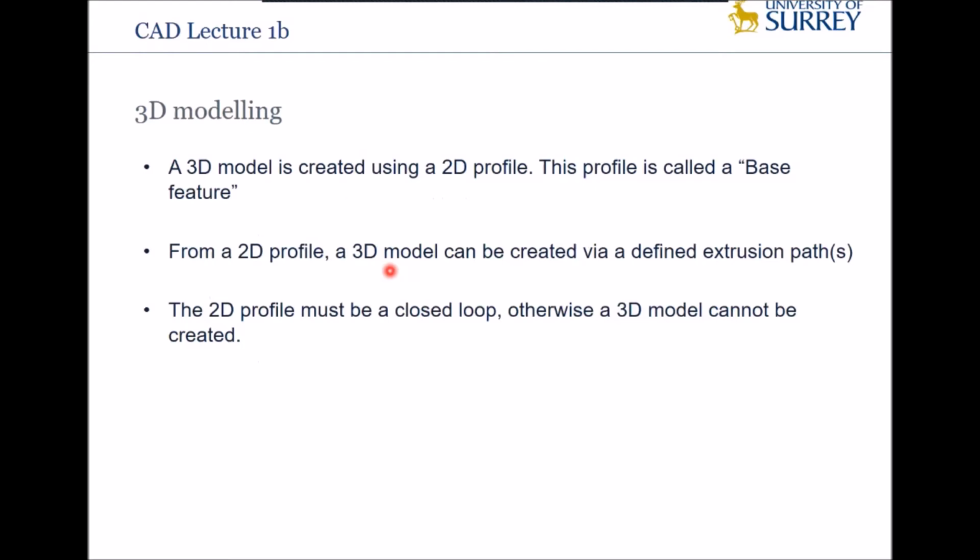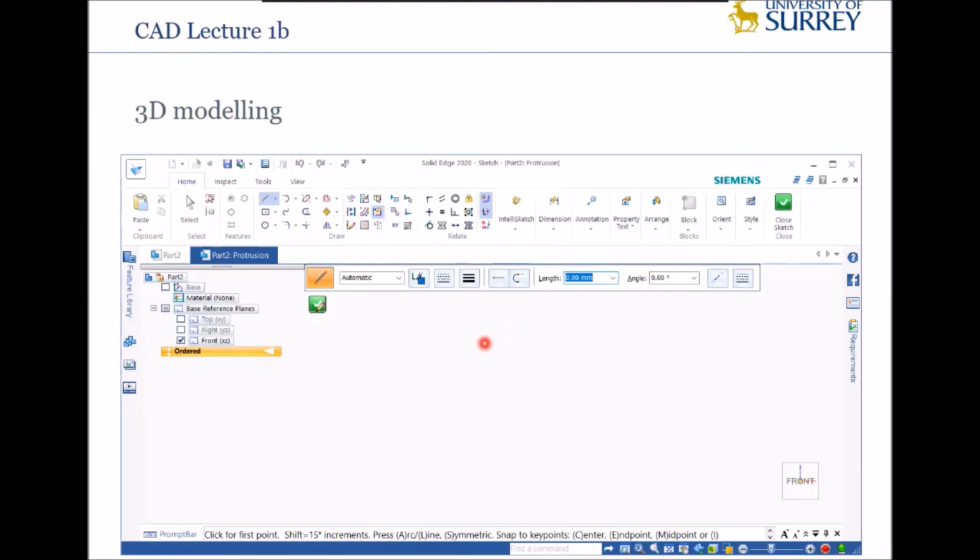When we create a 2D profile, we must make sure this 2D profile is a closed loop. Otherwise, you will not be able to create a 3D model. You'll get an error message. For example, if you want to create a triangle bar, we can draw 3 lines.